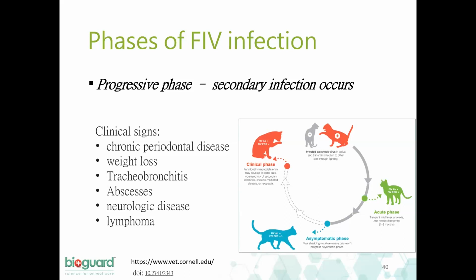Weight loss, seizures, behavioral changes, and neurological disorders are all possible during this phase. The severity of illness can vary greatly, but once a cat becomes ill with multiple critical infections or cancers, the survival time is usually no more than a few months.